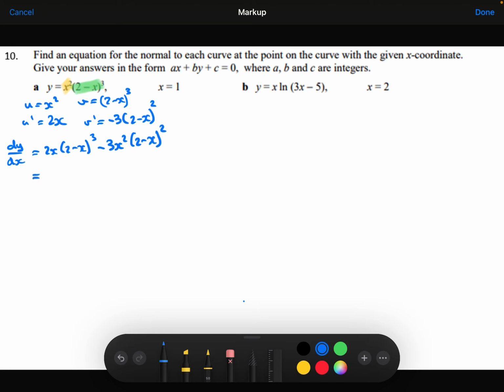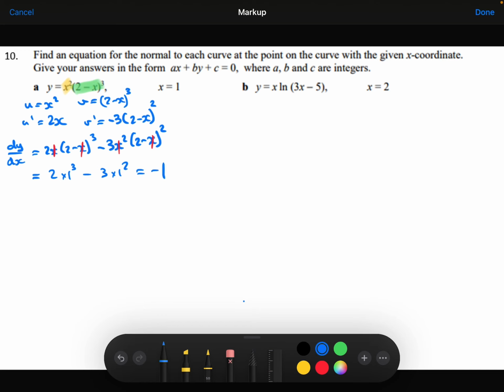If I now substitute 1 in here, here, here, and here, so I get 2 times 1 is 2, 2 minus 1 is 1, 3 times 1 squared is 3, the 2 minus 1 is 1, so we end up with 2 minus 3, which is minus 1.